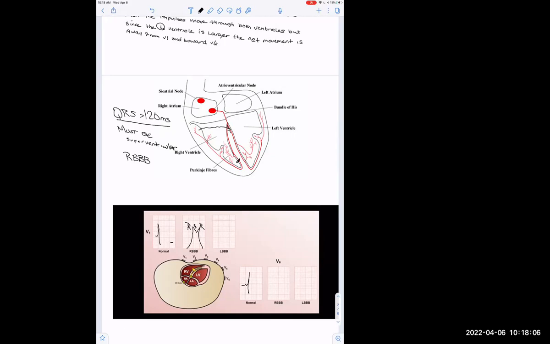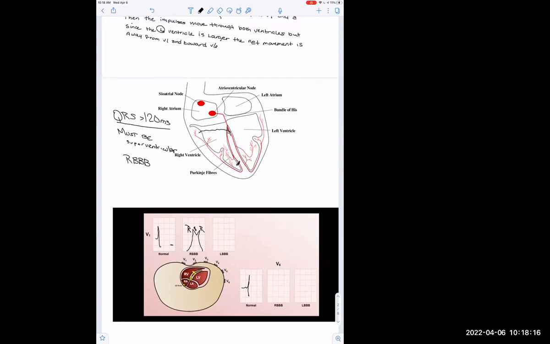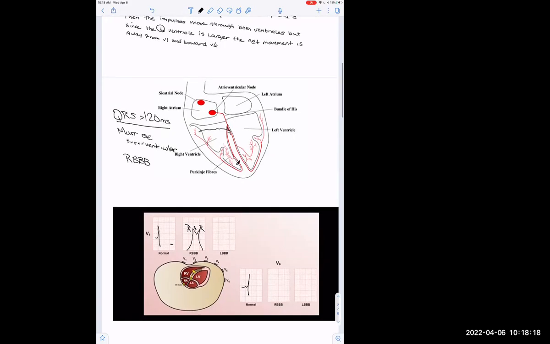Now, if we were to look at this from V6, instead of having this upward RSR that looks sort of like an M, typically in V6, we still get this sort of bunny ear. I just told you not to use that, and I'm using it.